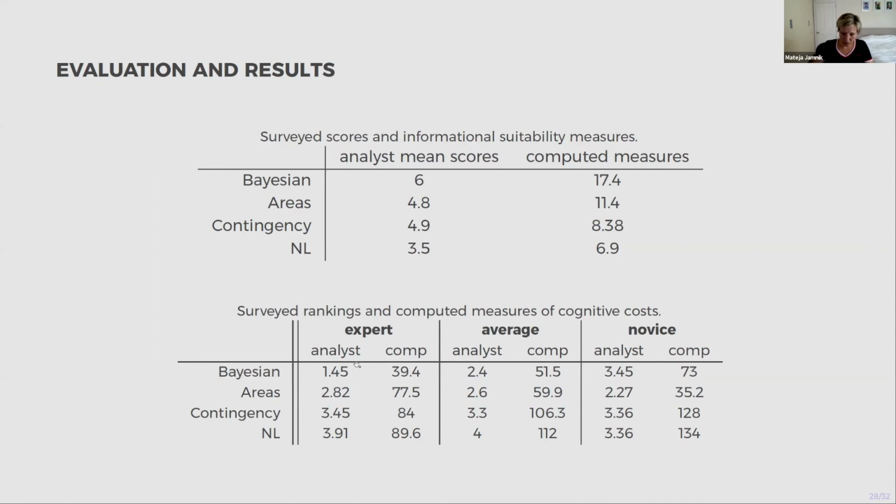So going back to our little poll that we did in the beginning, 71% of you rated areas representation above Bayesian representation.